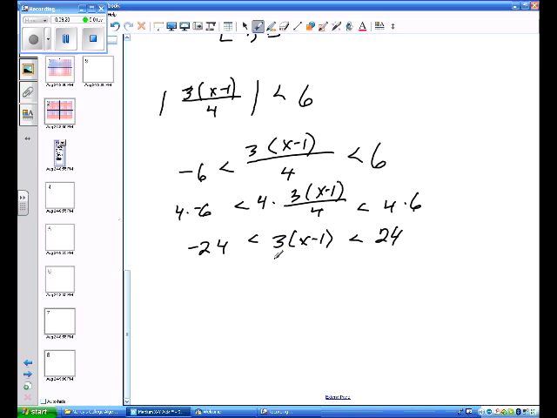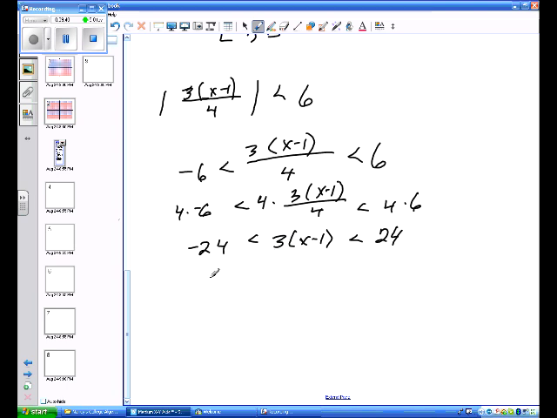Now we can go through and work this. And again, you have a choice here. We didn't talk about this much in our linear because it was easier just to distribute it. If you want to, we can start solving for this by dividing everything by the 3 first. Or we can distribute the 3.